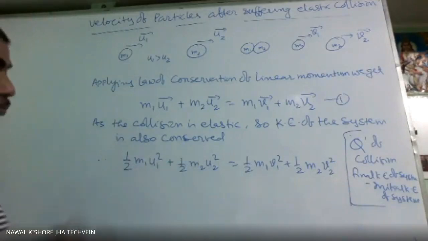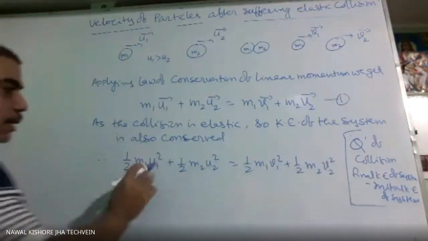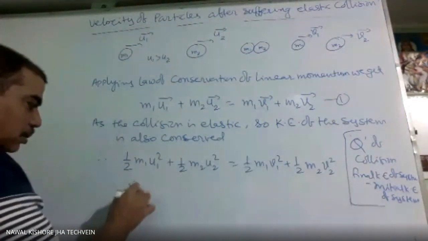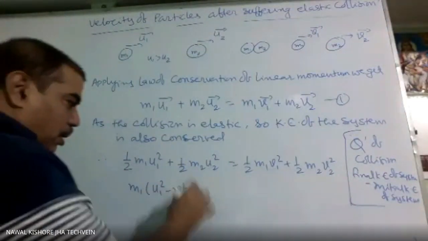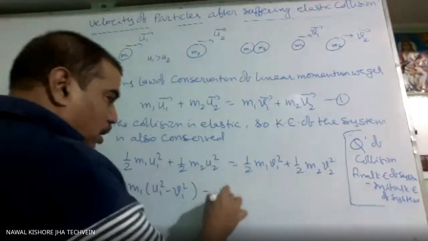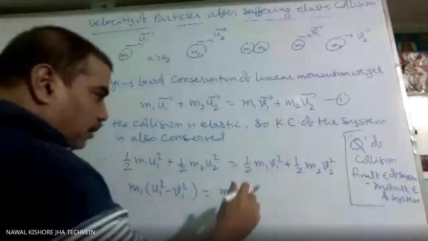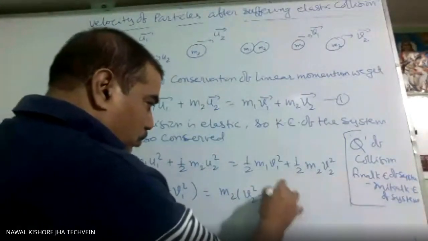Okay, so from here this half will be cancelled. So what we are getting, suppose this is M1 and we are taking M1 this side: M1 (U1 square minus V1 square) is equal to M2 (V2 square minus U2 square).